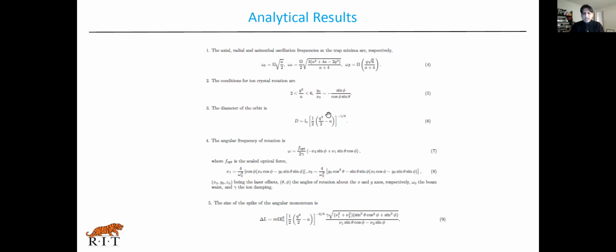He figured out the diameter of the orbit. I think this fits to about 80–85% accuracy. The angular frequency of rotation, I think I'm missing an omega/2 here, which is the RF, in terms of the optical force, the damping, and all the laser offset and alignment parameters. The size of the spikes of the angular momentum you saw, I could have never done that, I'm sure. So this was extreme. This is just a few of the results. I'm giving you a taste, but he has a pretty extensive theory worked out using the analytics.